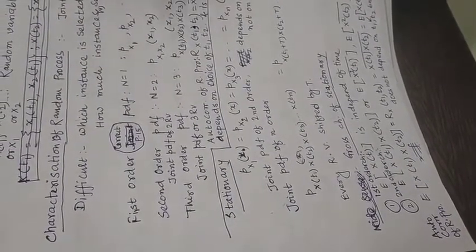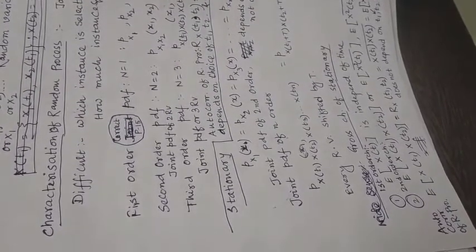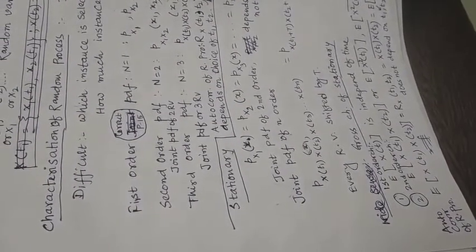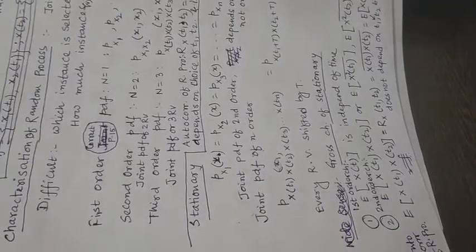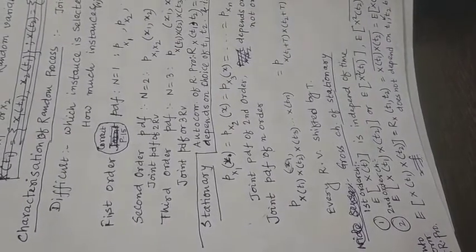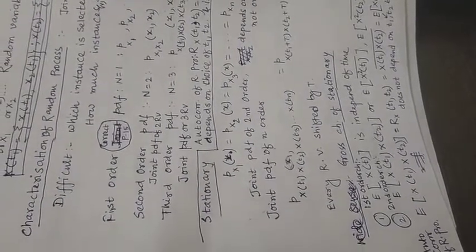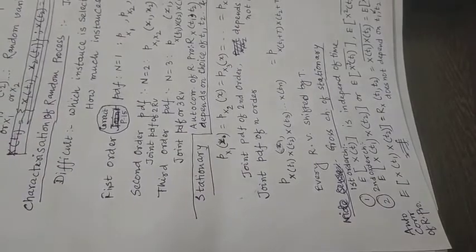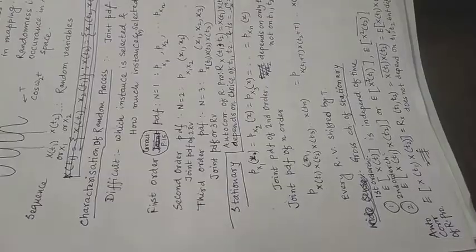In such cases, like for random variables, we go for gross characterization, where we consider the mean value or autocorrelation function, and so on, which will come step by step. Broadly, we divide random processes into basic types: stationary, wide sense stationary, ergodic, and obviously non-stationary. If it is not stationary, then it is non-stationary, but sometimes it will be wide sense stationary, which will be clearer when we discuss it.